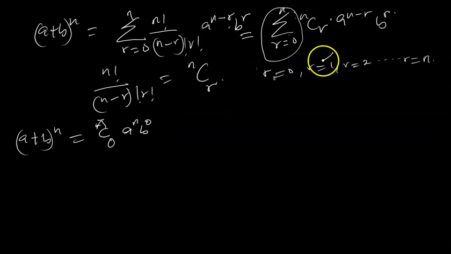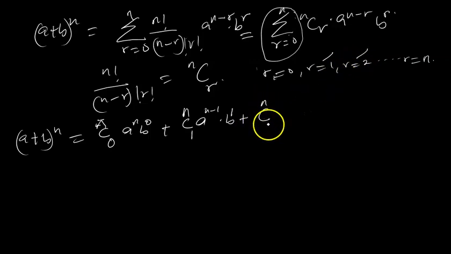Now we look at the second case, when r equals 1, plus nC1. a will be raised to power n minus 1, b will be raised to power 1, plus the third case when r equals 2, that's nC2, a raised to power n minus 2, b raised to power 2.